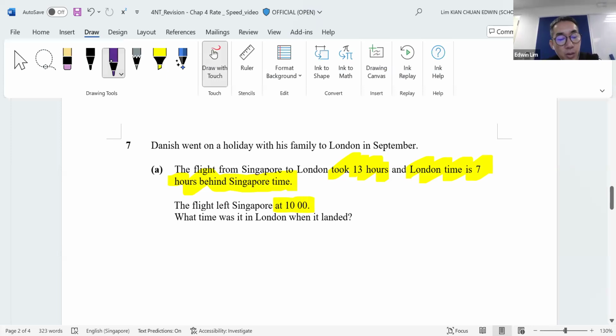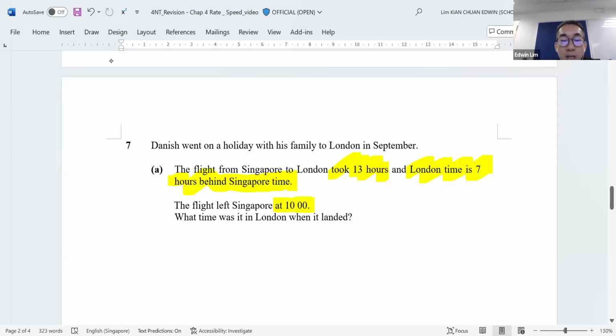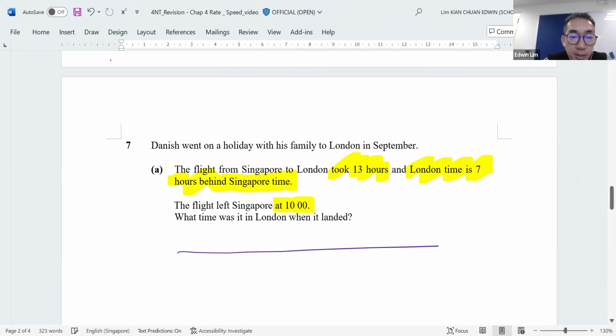So I will approach this question by using Singapore time first. Using the timeline, Singapore time. All right, I start off at 10 a.m. Singapore time. How long does it take for the flight? It takes 13 hours.